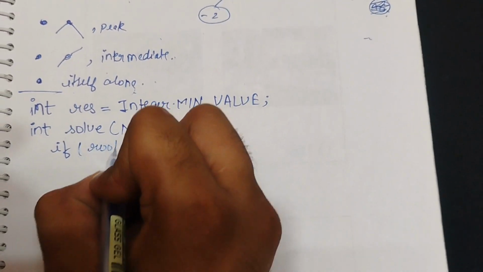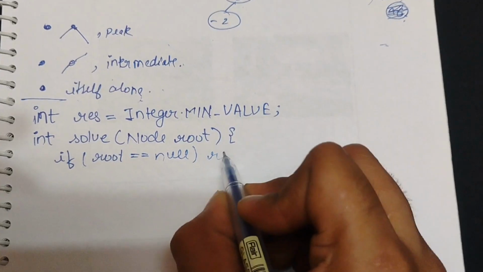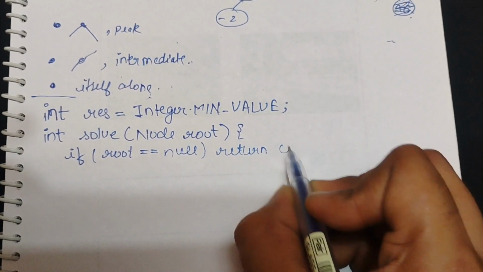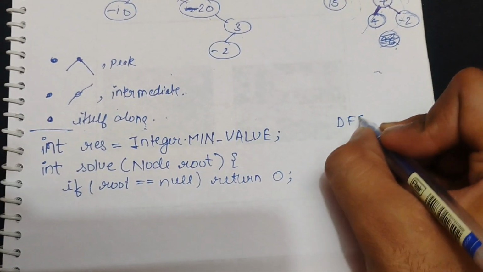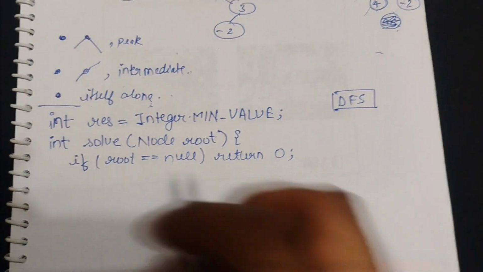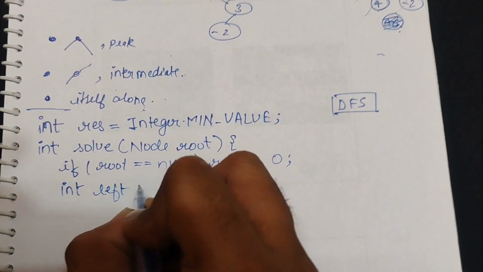0, because there is no node, so there is no answer. So if root equal to null, return 0. Okay, now we are using DFS. So DFS, we know we go in the depth.